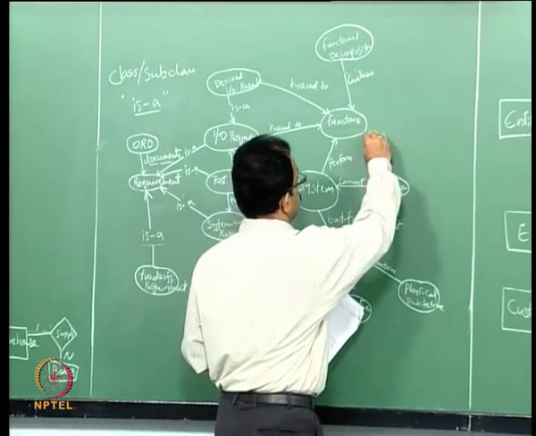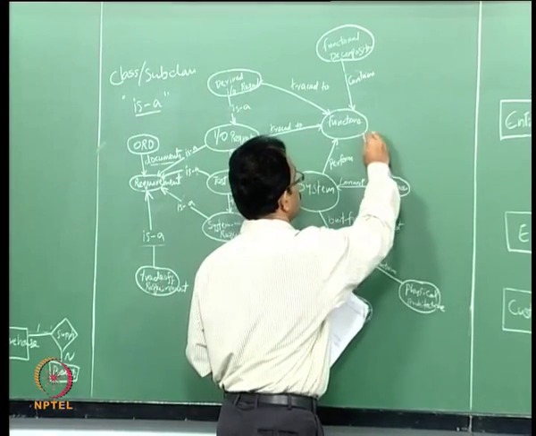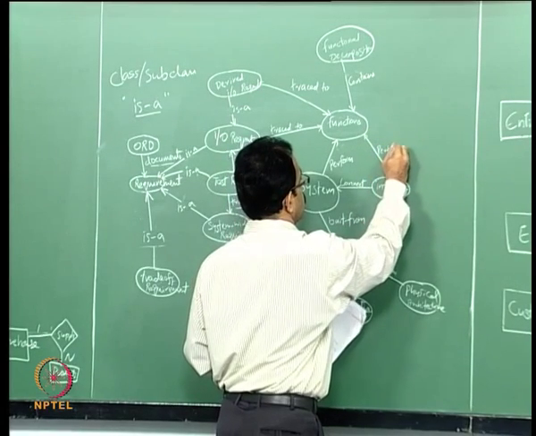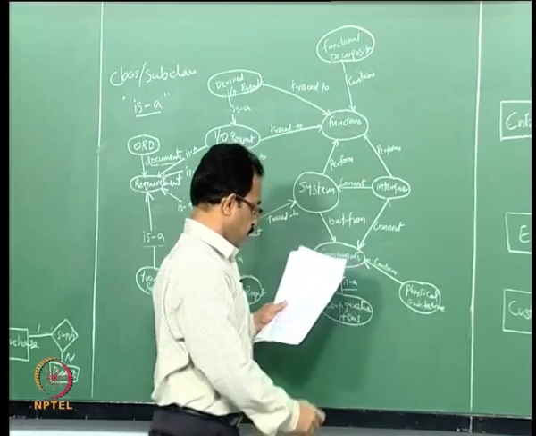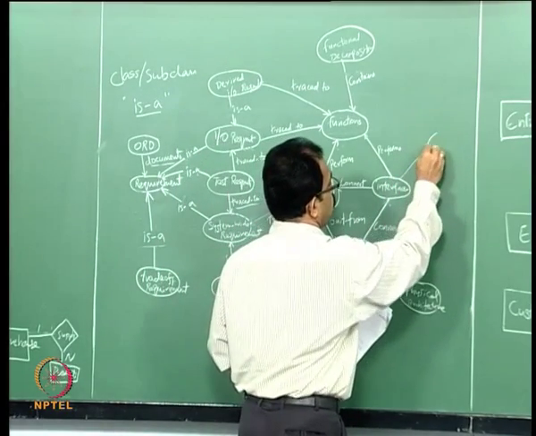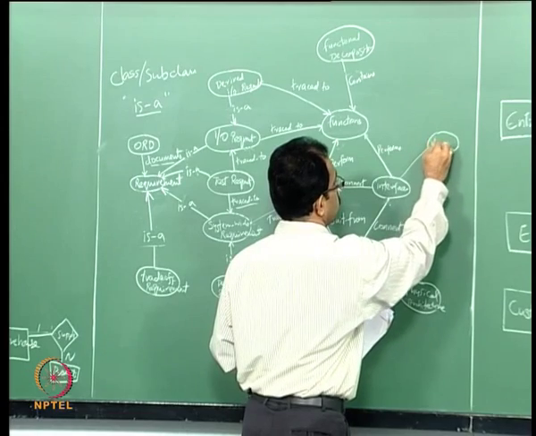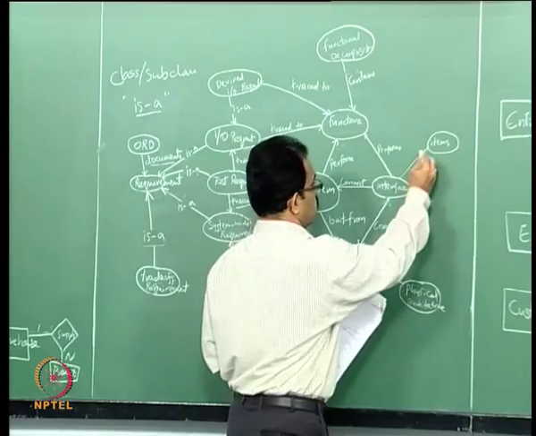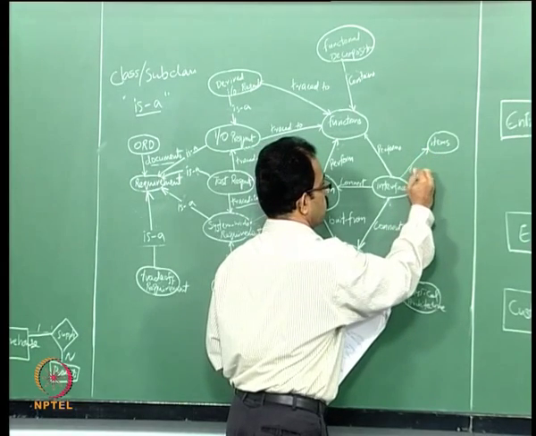And of course, interface will perform many functions. So, therefore, there is a relationship, interface performs functions, and again there will be interface items, but basically the physical elements of interface items. So, this actually interface contains items.